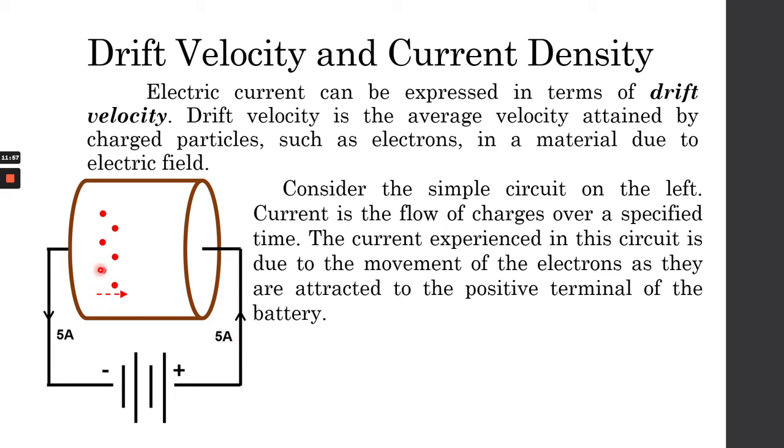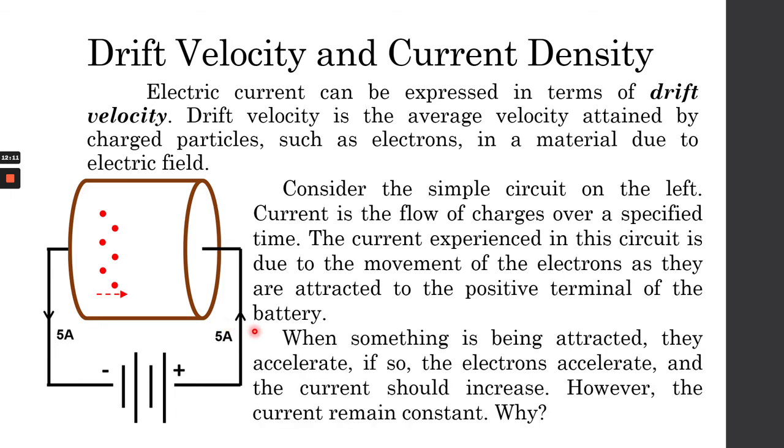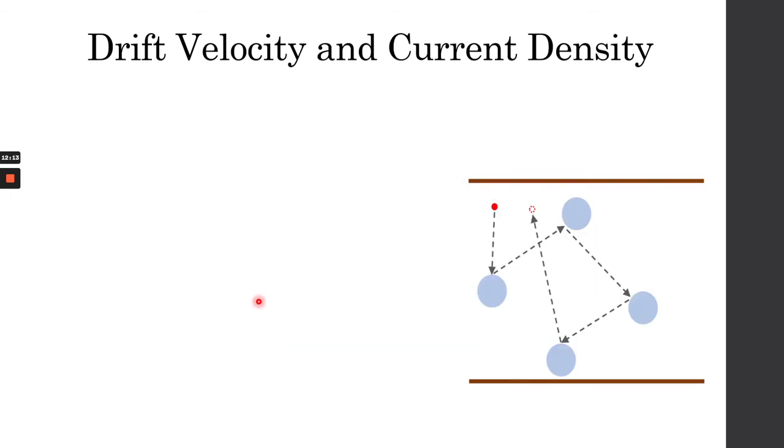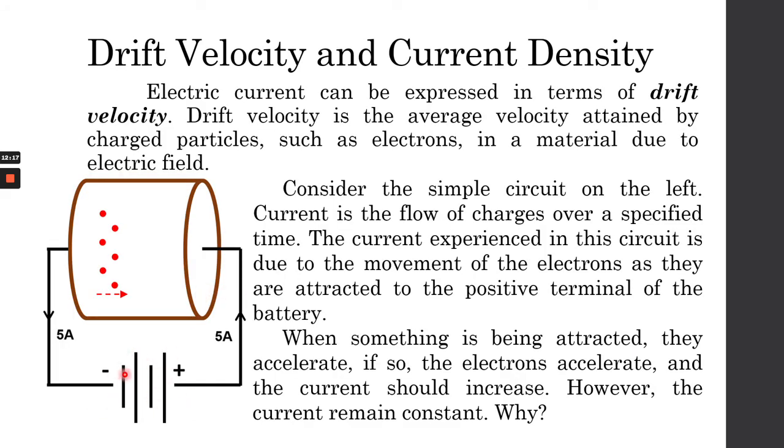So what is happening? If our electrons should move faster and faster, why is our current the same? Why does it not increase? The reason for that is because if we remove the battery from our circuit right here, we would assume that these electrons would stop moving, they would be at rest, right?